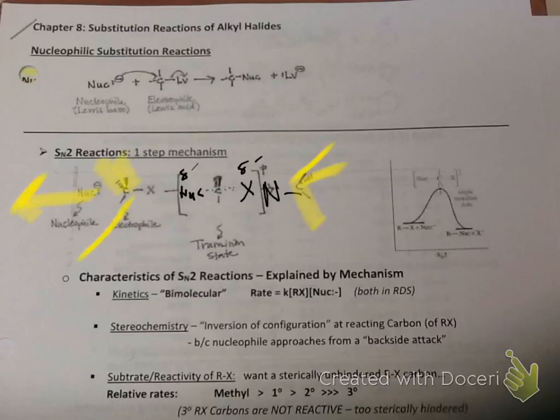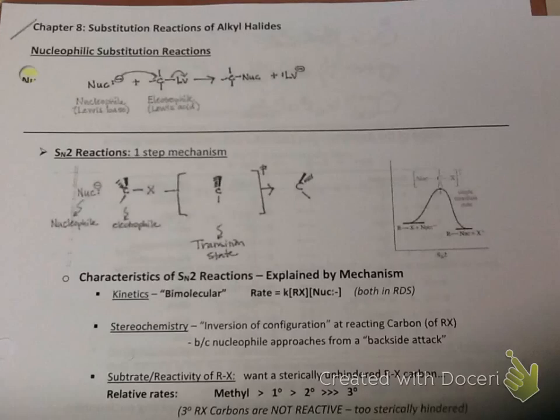We were facing this way, now we're facing this way. If we look at the stereochemistry, the 3-dimensional result about the reacting carbon, we see that there is an inversion of stereochemistry. Now all of these things are important, and the mechanism explains these characteristics well, but we're going to discuss these characteristics individually.